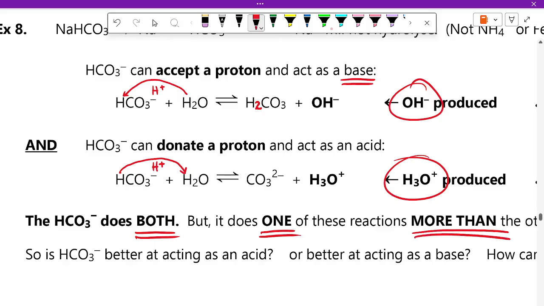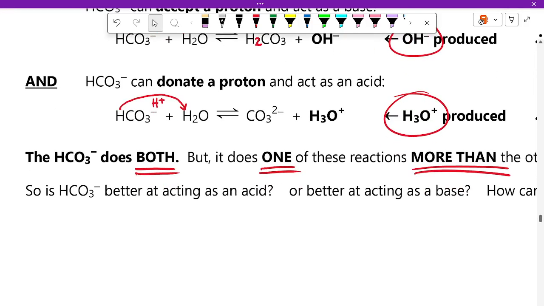So is HCO3- better at acting as an acid, or is it better at acting as a base? How can you tell? Well, we talked about that earlier. We can compare its Ka and Kb.